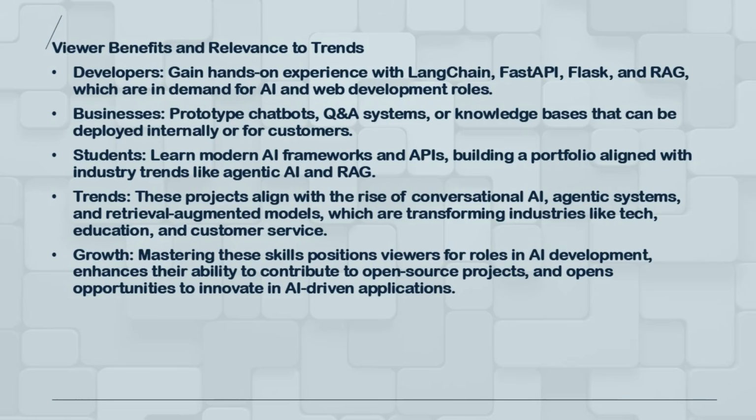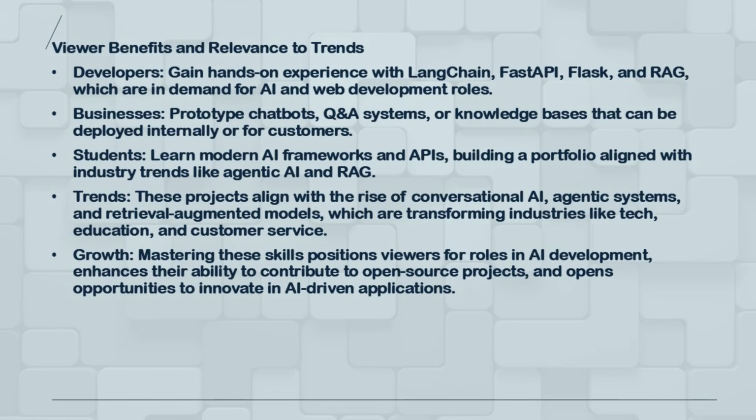The viewers benefit and it is relevant to trends. Developers gain hands-on experience with LangChain, FastAPI, plus RAG, which are in demand for AI and web development roles. Businesses can prototype chatbots, Q&A systems, or knowledge bases that can be deployed internally or for customers. Students learn modern AI frameworks and APIs, building a prototype aligned with industry trends like agentic AI and RAG.